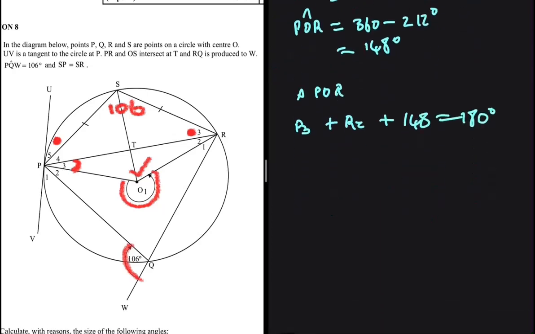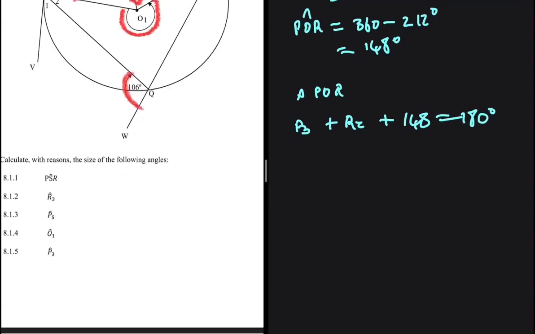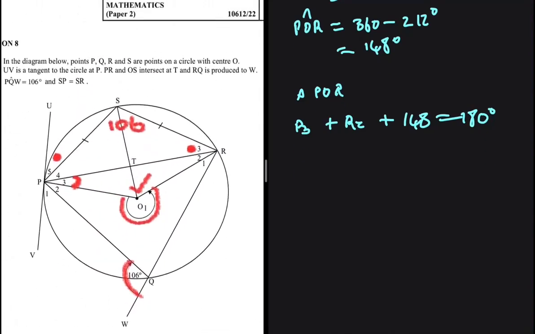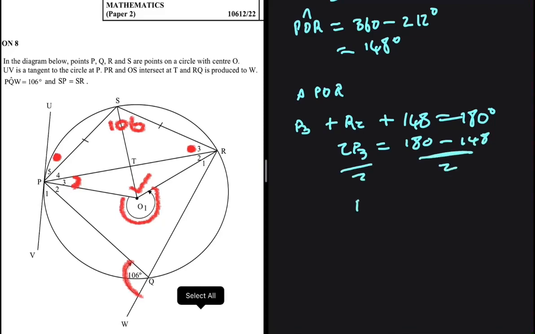But P3 is equal to R2. So we can say that 2P3 is equal to 180 minus 148. We divide both sides by 2, and P3 should be equal to 32 divided by 2, which is 16 degrees.